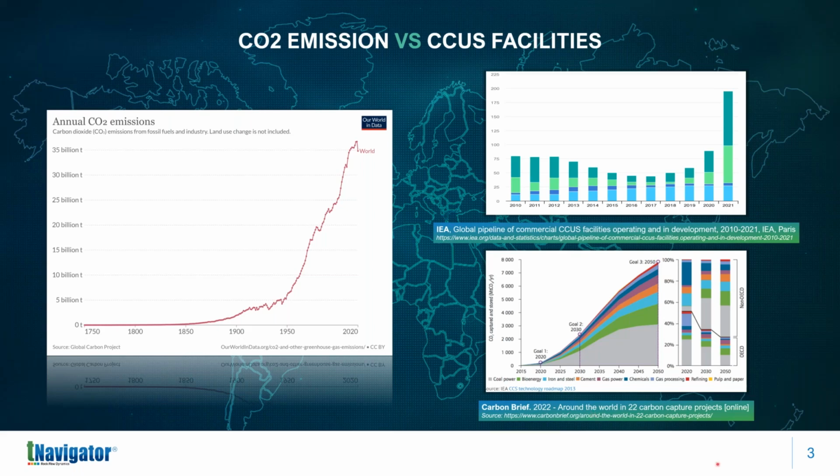But in the beginning, I would like to briefly mention why we should use CCS storages and why these projects are quite crucial for now. On the left-hand side, you can see the graph which demonstrates a dramatic increase of CO2 emission. And on the right-hand side is presented the current dynamic of the projects for CO2 storages.